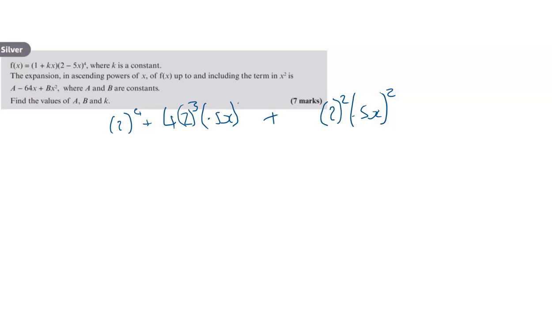That's a 4, and I could do nCr on the calculator, but from last time, that's a 6. We need to expand this, so we're going to get 16 plus 8 times 20, so what's that? 160, and it's minus as well, isn't it? Minus 160x plus 4 times positive 25, so that's 100, so 600x squared.